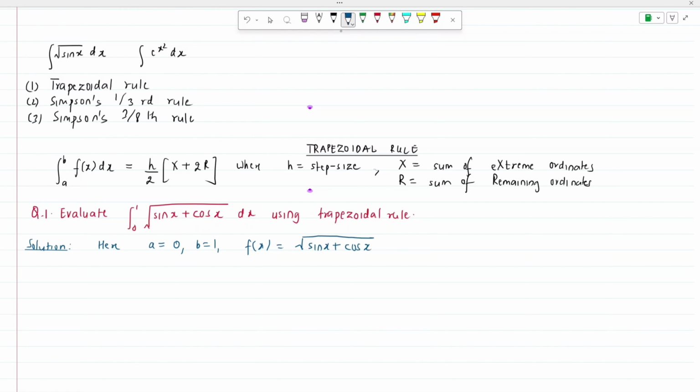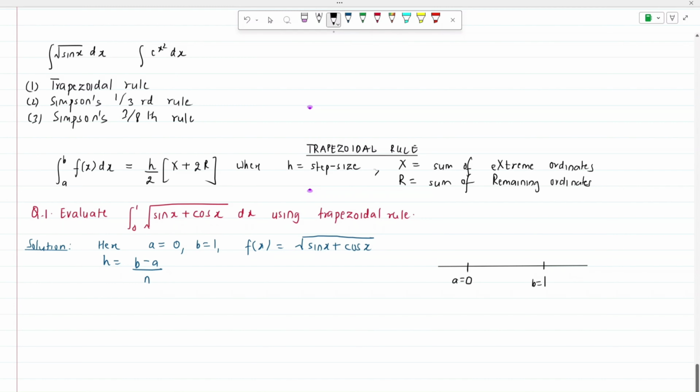Now the first thing we need is h, which is the step size. The step size is determined by the ratio of b minus a by n, where n is the number of subintervals that you wish to break the interval 0, 1 into. So for example, let's say this is the x-axis, and here we have x equal to 0 and x equal to 1, which are also the values of a and b.